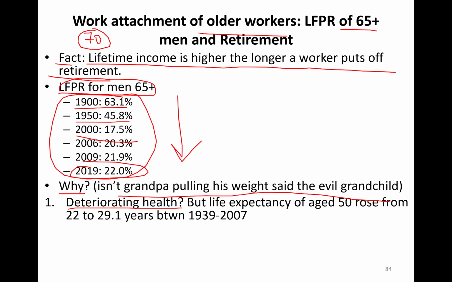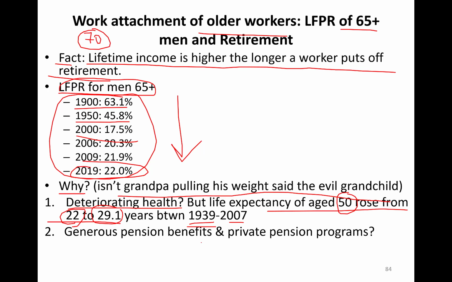No. Life expectancy of people at age 50 rose from 22 to 29.1 years between 1939 and 2007. That means if you made it to 50, on average you made it to 72 in 1939. Now, people who make it to 50 are on average making it to 79.1 as of 2007.